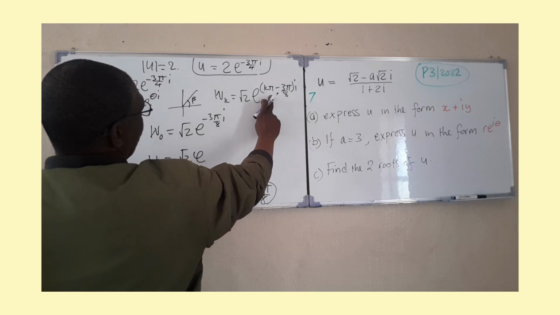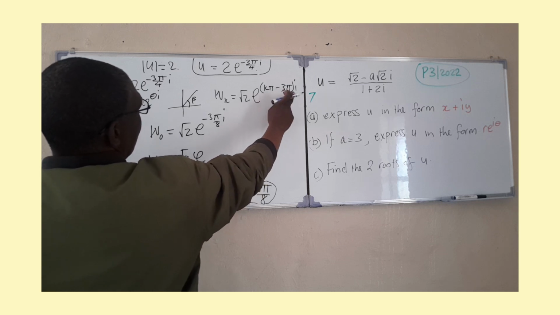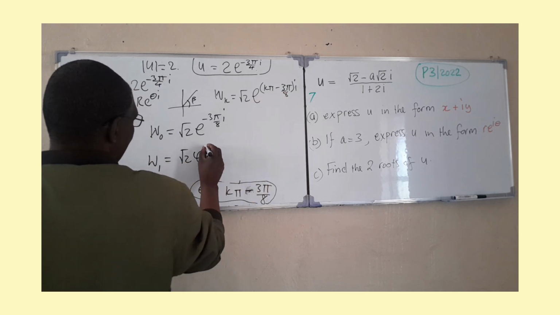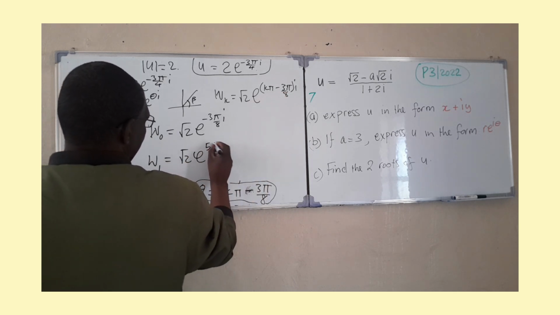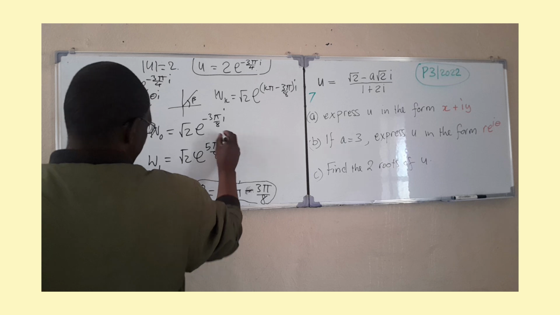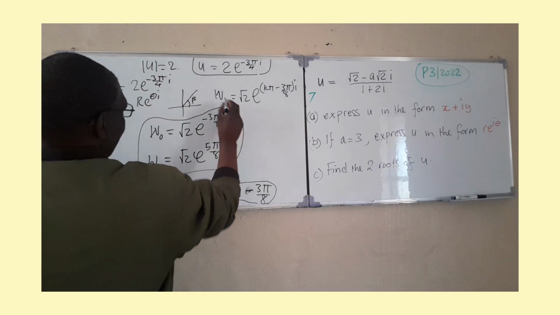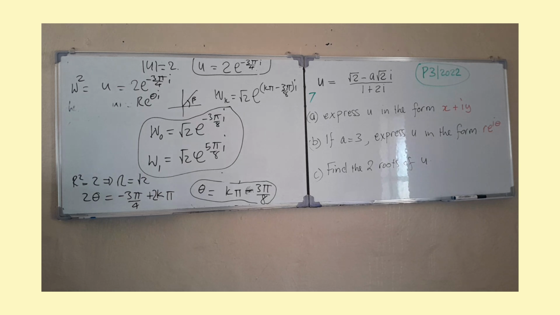We put everything over 8. We have 8 here minus 3, which is 5 pi over 8. So it becomes 5 pi over 8 i. These are the 2 roots of u. And that answers the question on the complex number, question number 7.